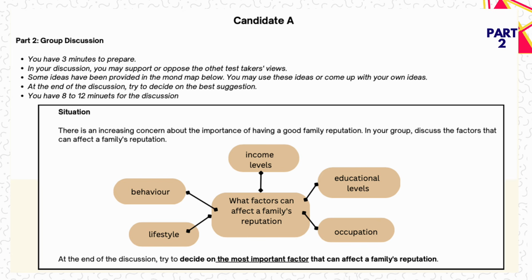Remember, previously in part 1, I have demonstrated the question on parents and children, which are related to family. Like I explained before, part 1 and part 2 are thematically related. Hence, you see part 2 is also on family, but of course, this time around the discussion topic is a bit different. Plus, the factors are presented in the mind map.